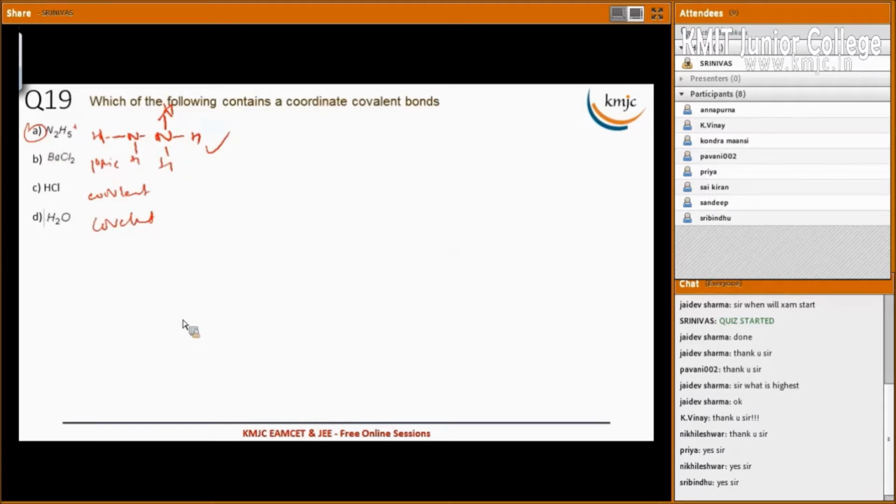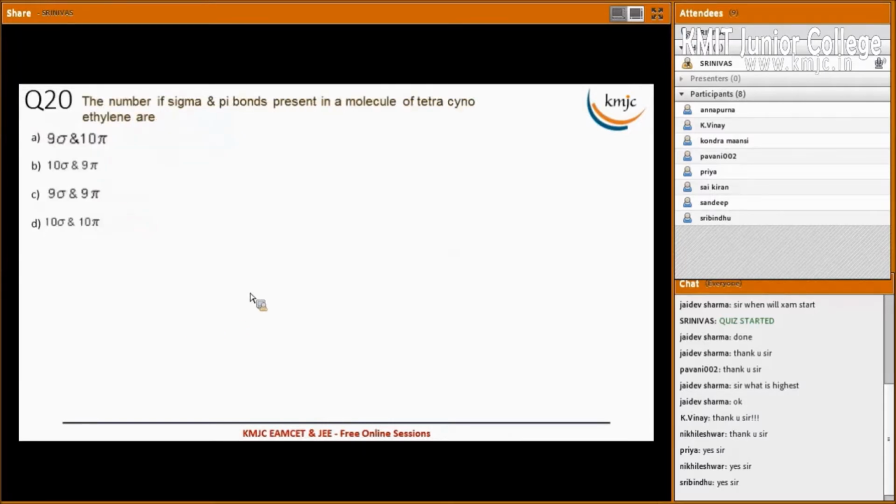Next question, last question. Okay, so the last question is the number of sigma and pi bonds present in a molecule of tetracyanoethylene. You have to draw the structure and calculate the number of sigma and pi bonds.